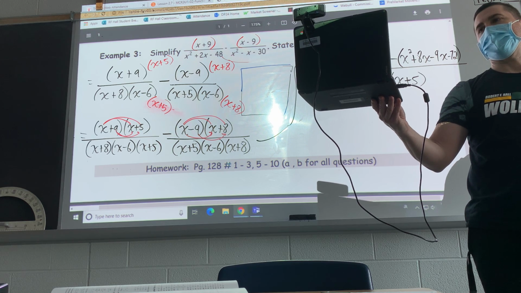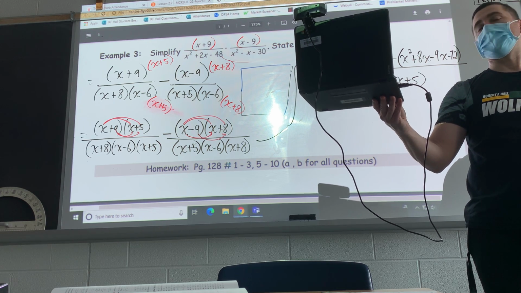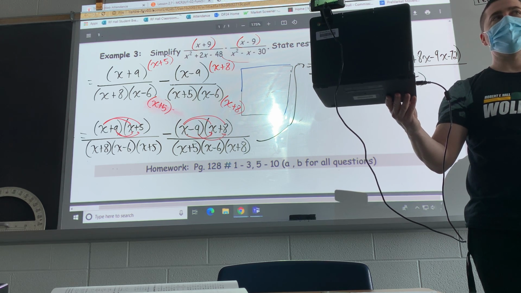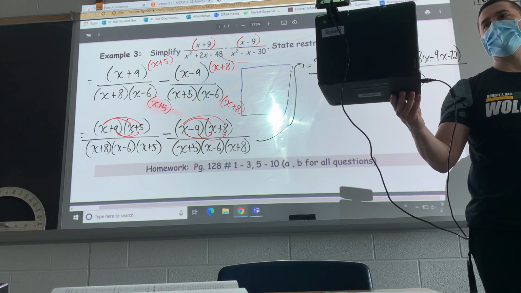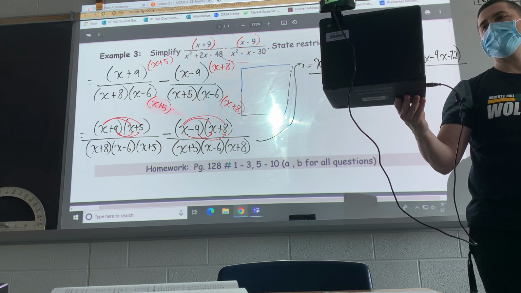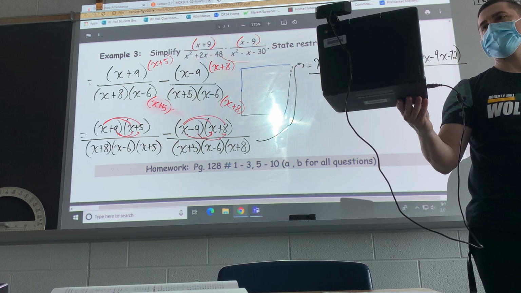Okay, so you notice that the second terms, I left them in the bracket because that's subtraction there. That subtraction is a -1, so the -1 has to distribute to all the terms inside of the bracket.